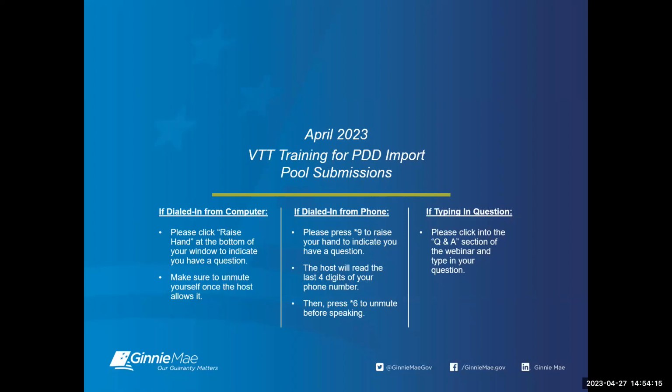For the most part, the validations are the same. The one difference is that SFPDM has some extra errors specific to that tool, more in tune with your issuer number, some values that can't be validated from a VTT standpoint. In those cases, the business rule and error guide file that we showed has a tab for SFPDM only errors. So for the most part, they're the same, but there are a few extra that you'll be dealing with once you're in the production pooling application. But if you're all good with testing the VTT, you'll be set up in a very good spot for the time that you get into SFPDM.